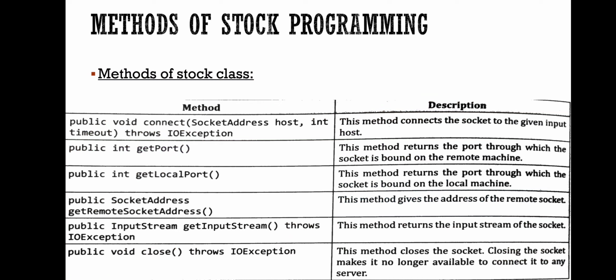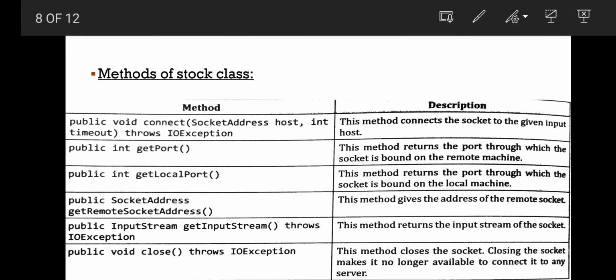So the next concept we are learning today is methods of socket programming. There are two different types: methods of the socket class and methods of the server socket class. In this, the first method helps to connect the socket to the given host. The second method helps to return the port to which the socket is bound on the remote machine.